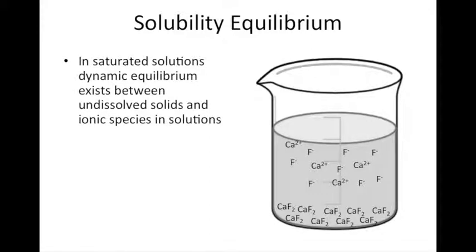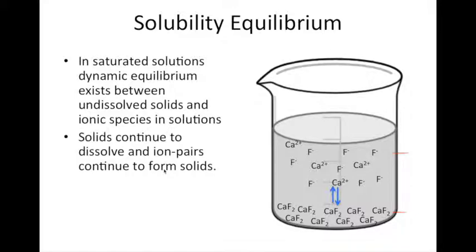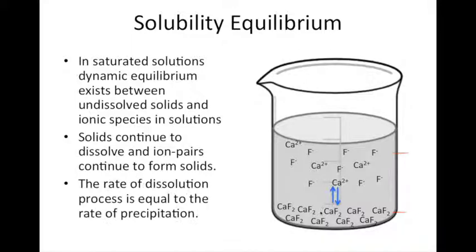Now, in a saturated solution, a dynamic equilibrium exists between the solid phase at the bottom and the aqueous species, the dissolved ions. The solid continues to dissolve and form the ions, and the ions continue to come together and form the solid.